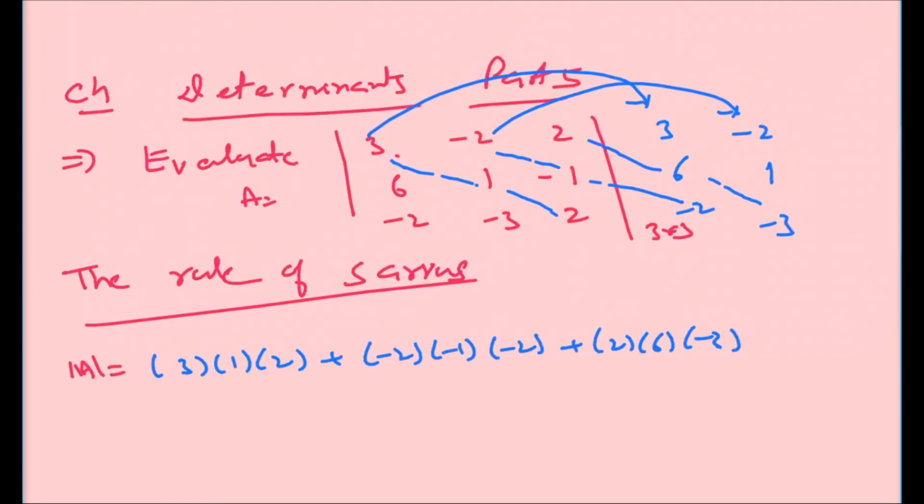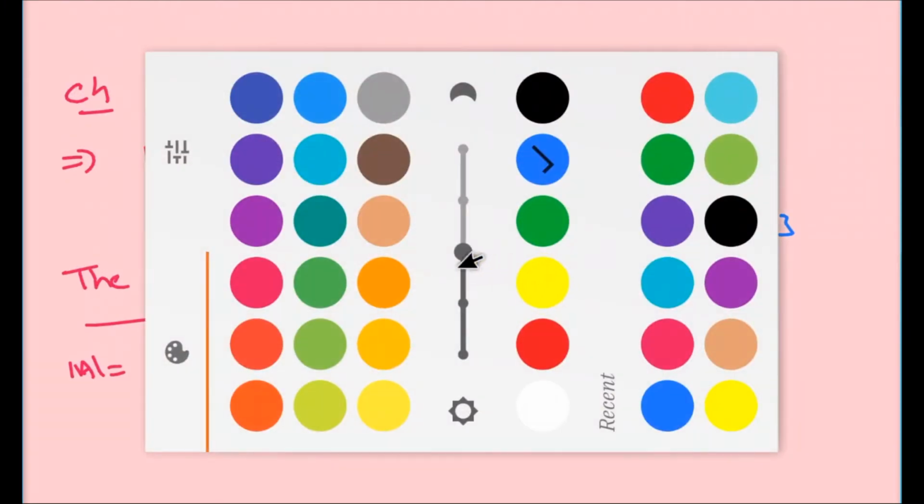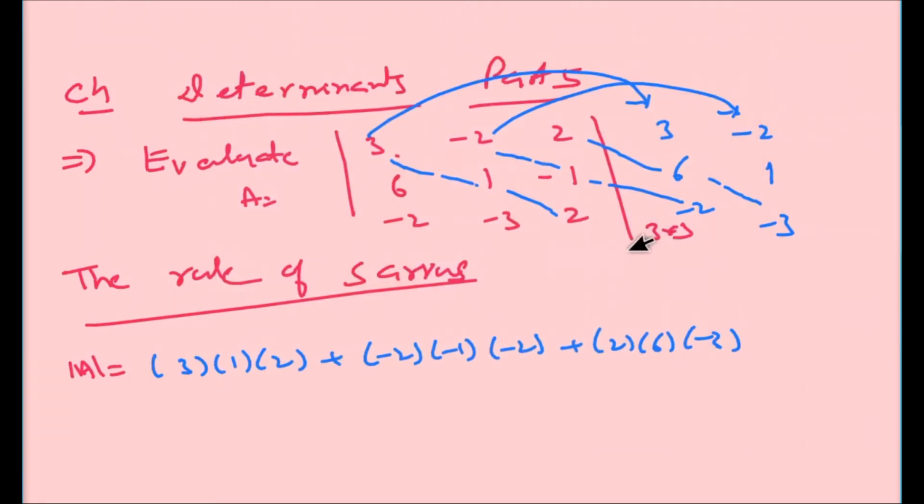First multiply it this way, and then multiply this arrow, then this arrow and this arrow, then subtract it.